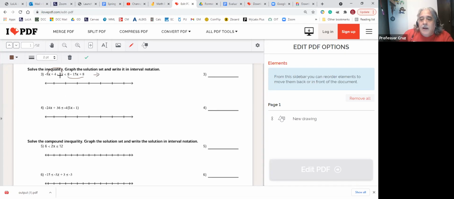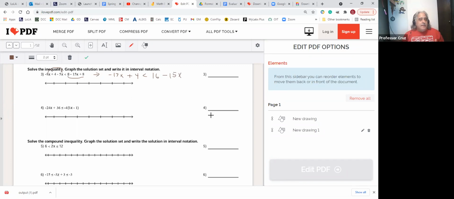So negative 8x and negative 5x is negative 13x. And then there's a plus 4. And then we got 8 plus 8, so that's 16 minus 15x.